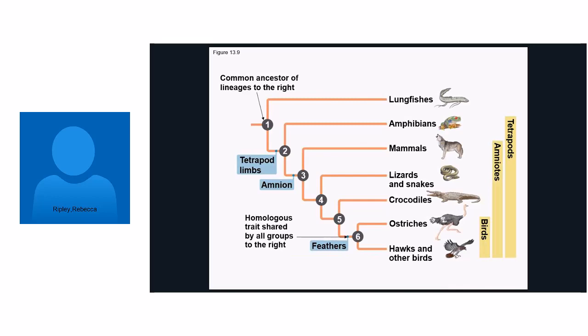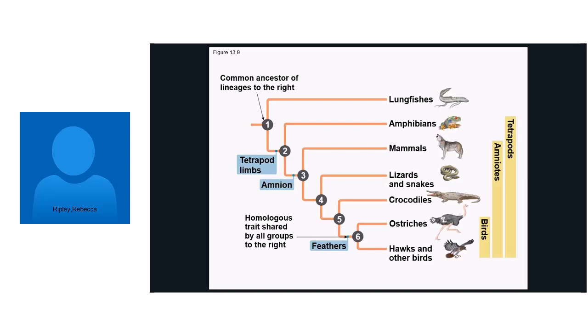It shows that ostriches, hawks, and other birds have a common feature of feathers, so they are probably more closely related than crocodiles, for example. And crocodiles and lizards are more closely related than other mammals. Part of it shows what that ancestor had in common.